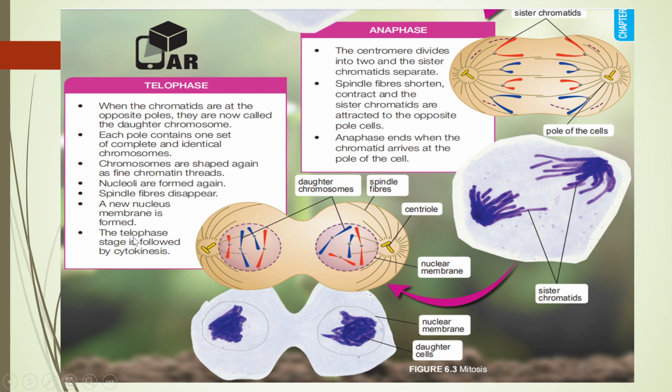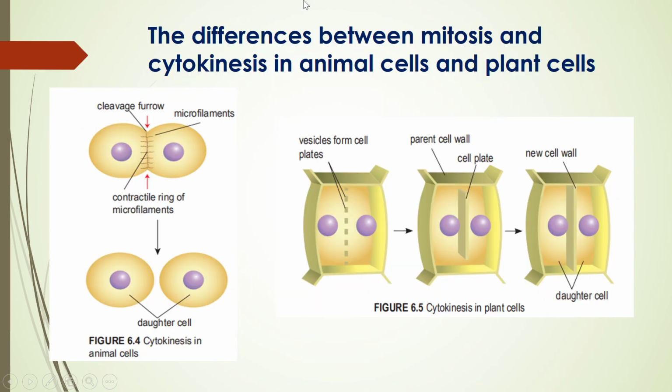So the telophase stage is followed by cytokinesis. It will cut into two. So that's why we say you will get two daughter cells. Daughter cells, daughter chromosomes. Okay, maybe we can stop here.